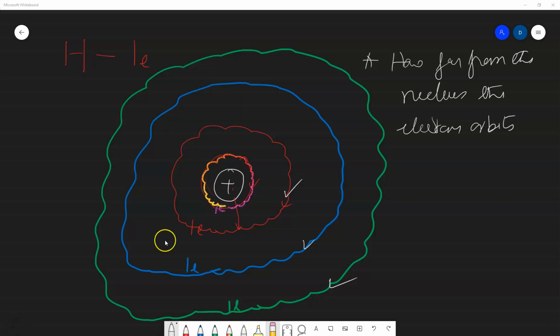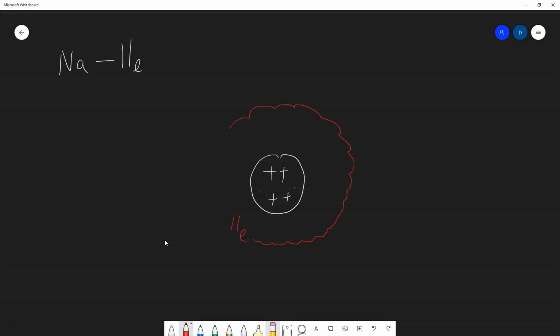Now the second type of question you can ask is, say for example, sodium. Sodium has 11 electrons altogether. So again, the type of question you can ask here is, there are 11 protons in the nucleus and these 11 electrons. Are these 11 electrons all going together as a group?